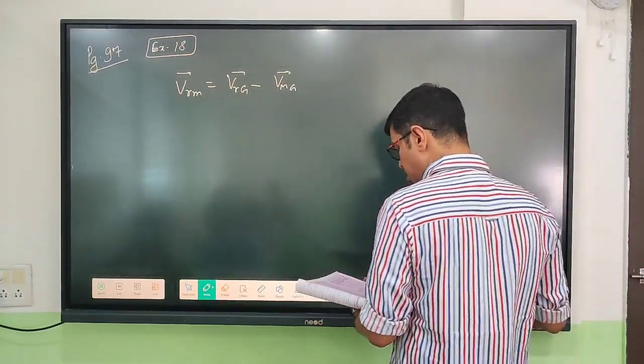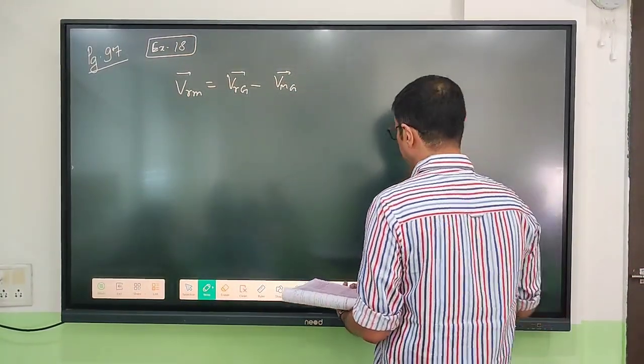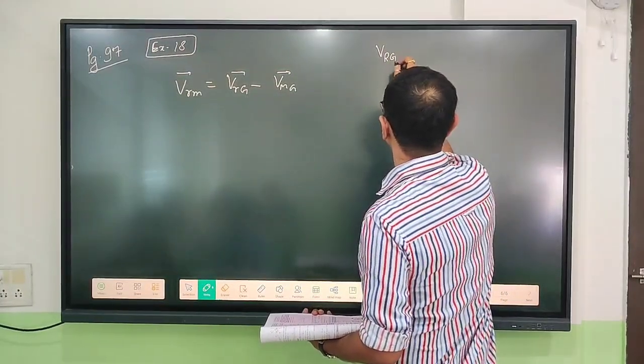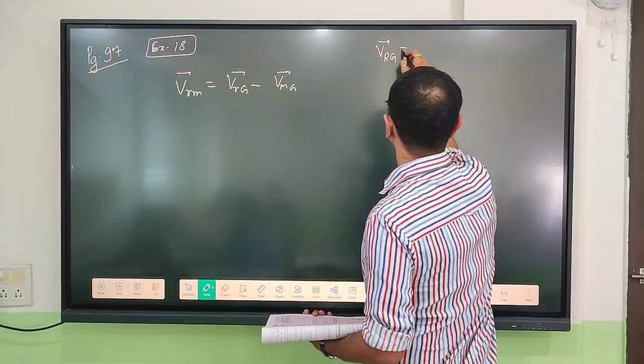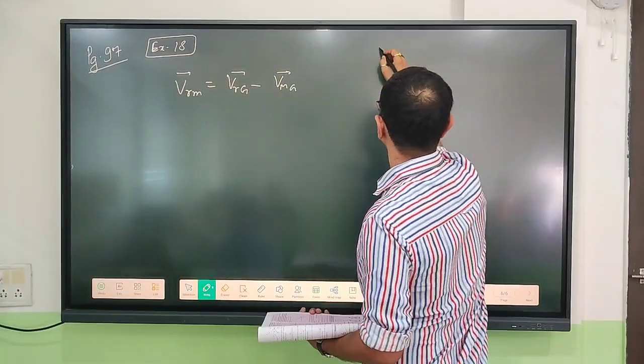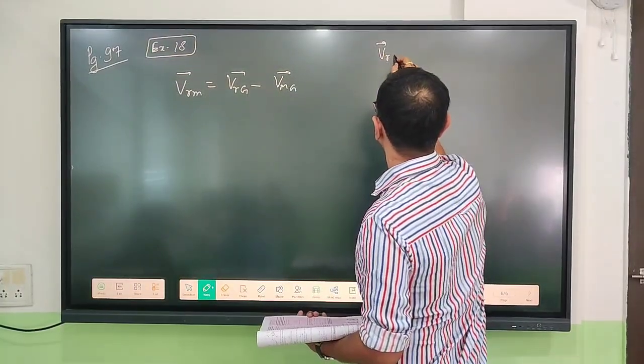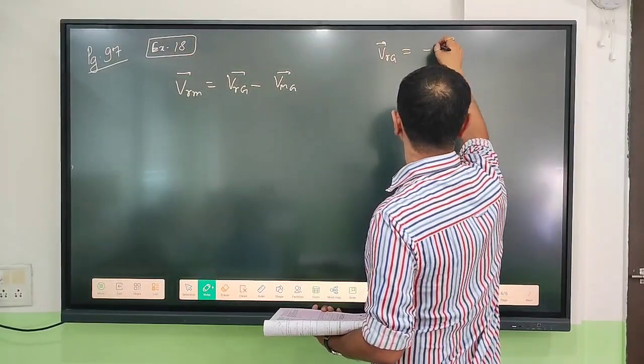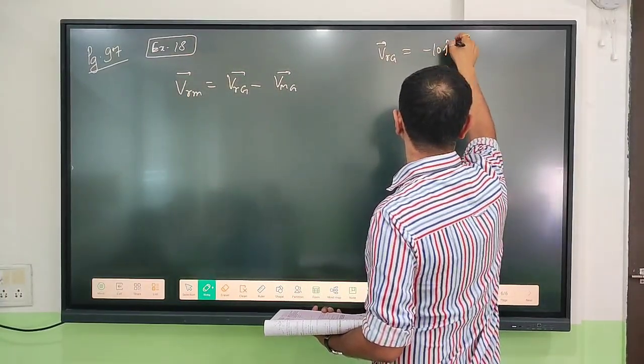So the first line says rain is falling vertically with velocity. So this is V rain with respect to ground. Let it be V R G. Vertically down. So minus 10 J cap.